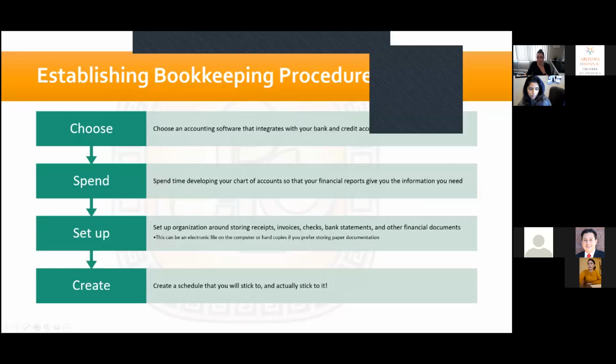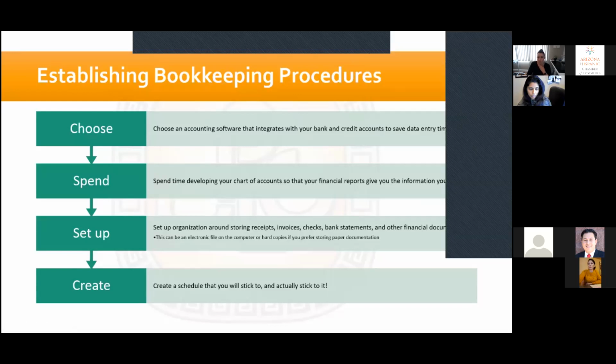Okay, wonderful. So there were a couple of questions that came up during the break. One of those was around accepting credit cards and accepting payments from vendors, and some strategies you might have around invoicing.